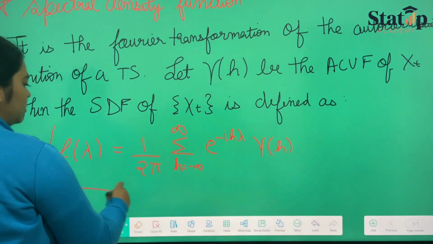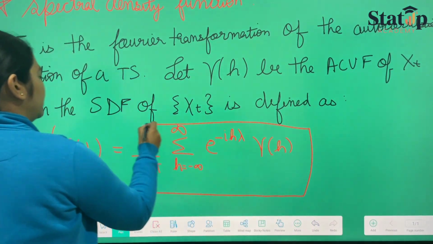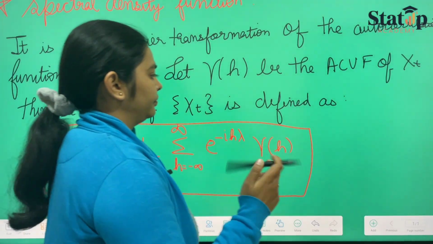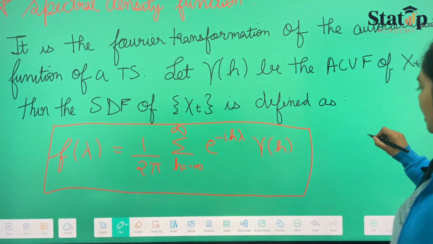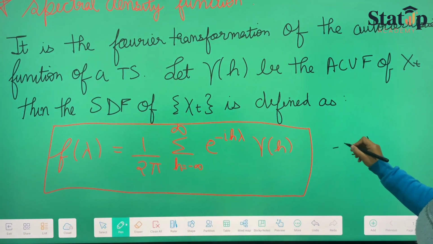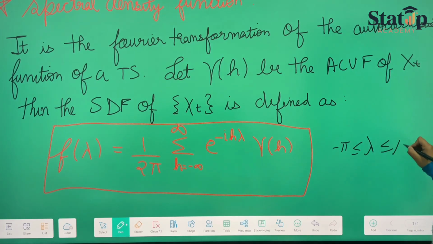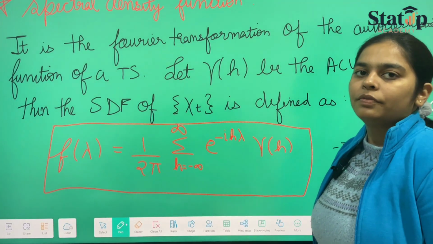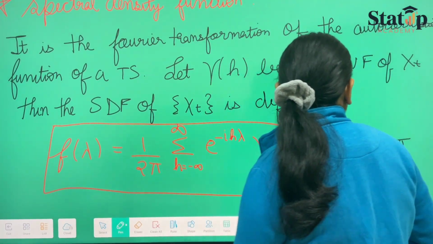This is our spectral density function, where lambda lies between minus pi to plus pi. These are the values range of lambda.